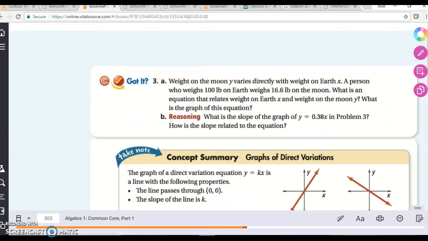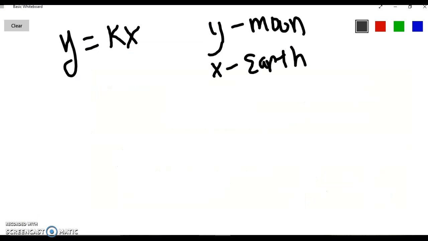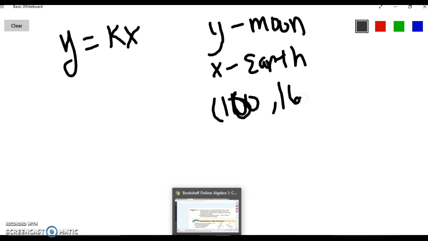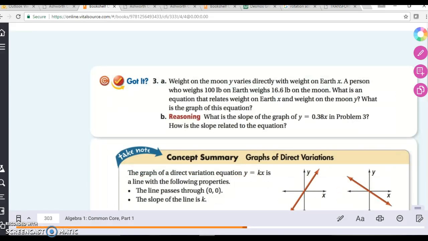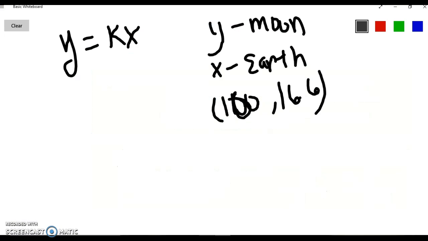So a person who weighs 100 pounds on Earth, so X is 100, sorry, just 100 pounds, not 110 pounds, on Earth. And when they're on the moon, I think it was 16.6 pounds. Let me just verify that. Yes. So now we can plug it in to find out the equation. So Y is 16.6 pounds. Sorry, not K is 100.